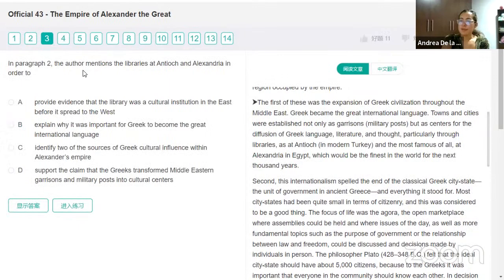Next one says, in paragraph 2, the author mentions the libraries at Antioch and Alexandria in order to. Aquí está el párrafo. So, take a moment to read, let me know.